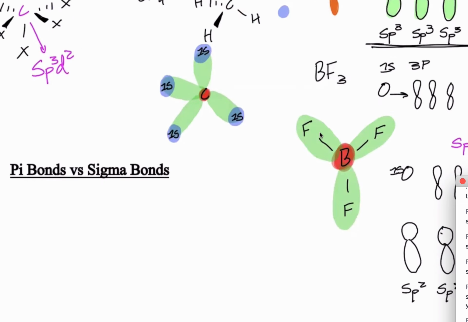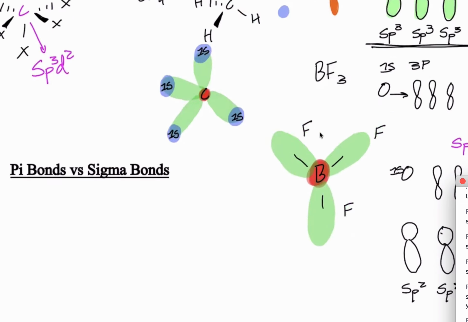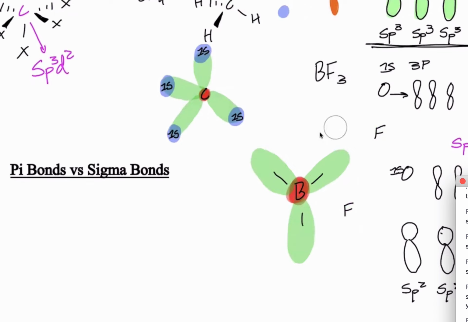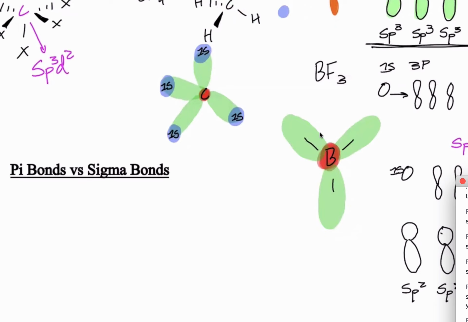Now let me get rid of these fluorines for a minute. When I bond with the fluorines, am I going to be putting 1s or 2s orbitals right there? If not, what am I going to put there?